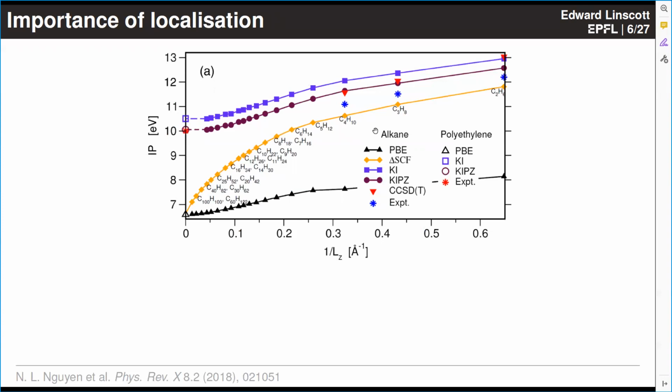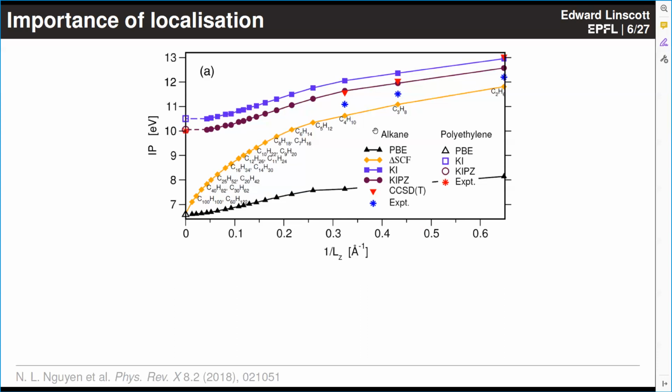This plot is showing the ionization potential, the negative of the energy of the HOMO, so the amount of energy required to remove an electron from the outermost orbital. This is for a set of different alkane chains of increasing length. Over here we've got C2H4, and all the way at the end we've got an infinite chain, polyethylene. First, I want you to concentrate on the black and the yellow curves.